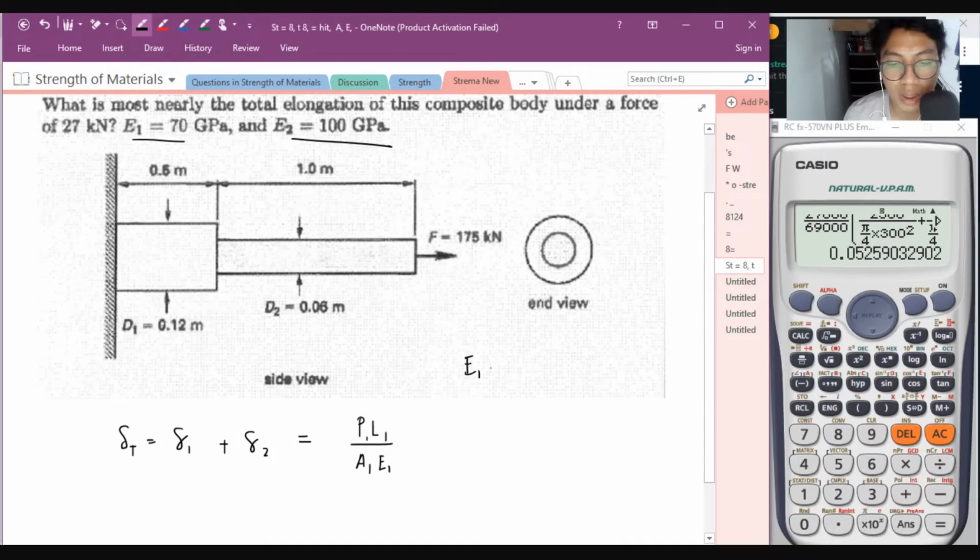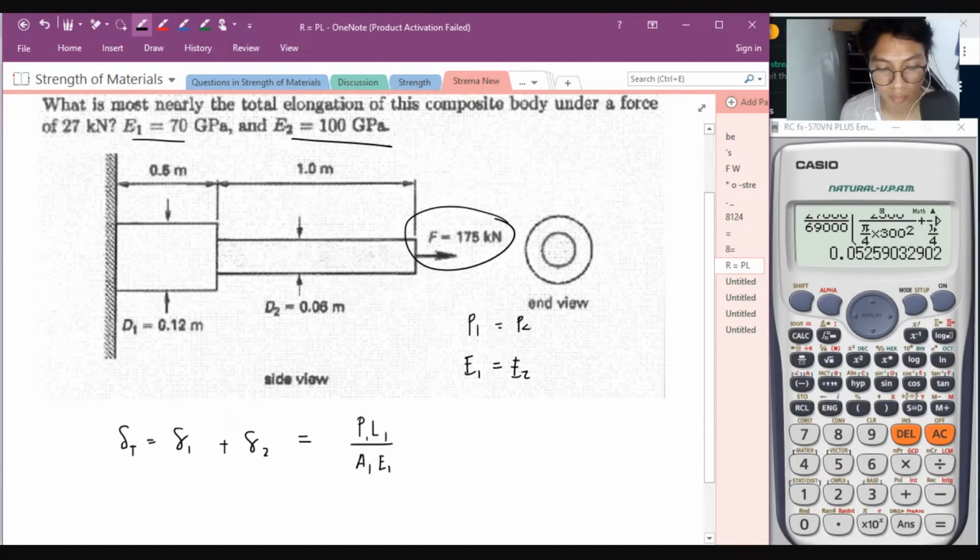Tandaan nyo, E1 is not equal to E2, pero yung force niya, equal pa rin yan. P1 is equal to P2. Plus P2 L2 over A2 E2.